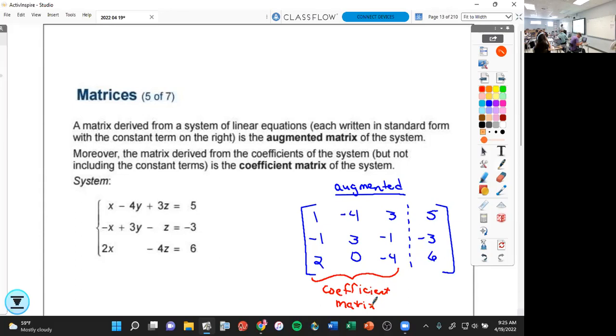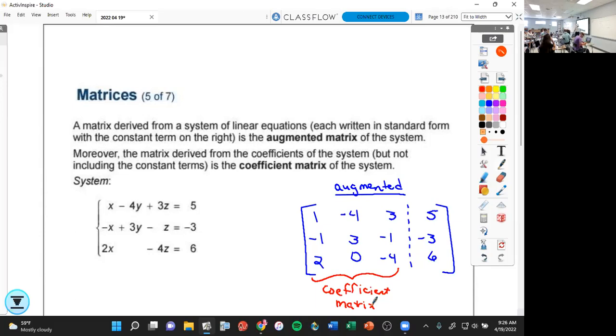What is the order of my augmented matrix? Three by 4. The order of the augmented matrix is 3 by 4. 3 rows, 4 columns. What is the order of the coefficient matrix? 3 by 3. 3 rows, 3 columns.